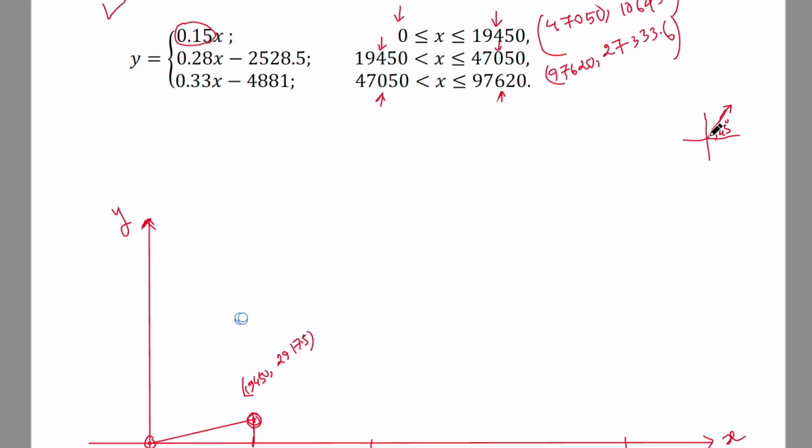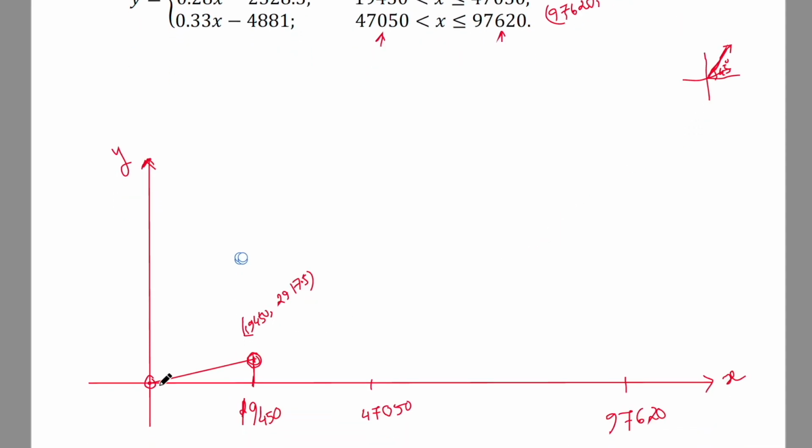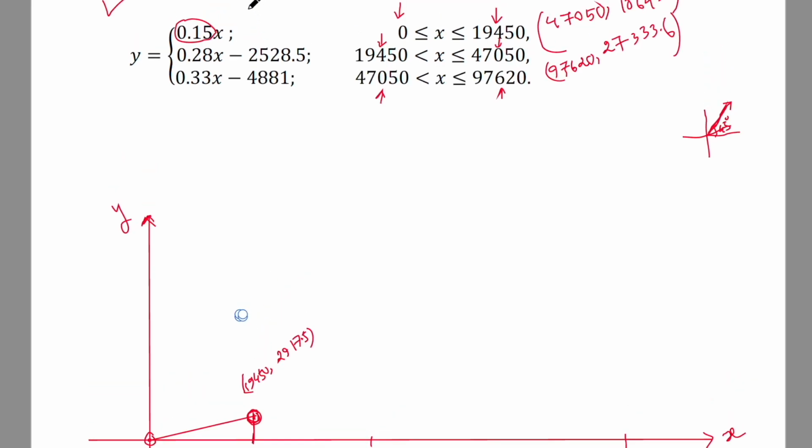So if you compare the slope of this line and the slope of this line, you can easily understand that this line will be less steep than this line, so it will be like this. So when you draw this line, you need to consider the slope of the line.